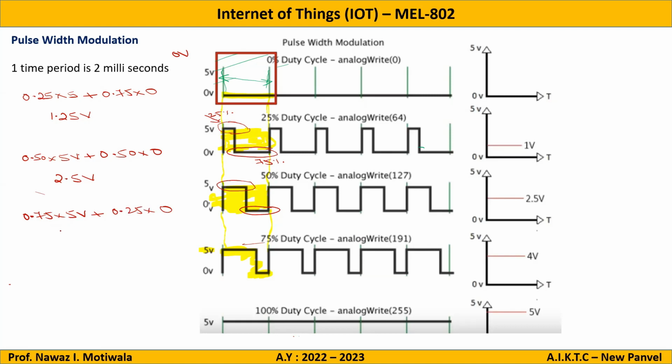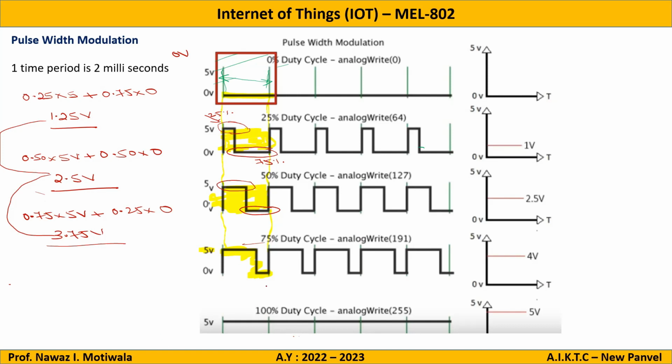If I calculate this, I will get approximately 3.75 volts. Now you can observe that the voltage keeps increasing. From 0 it comes to 1.25, then from 1.25 to 2.5, then from 2.5 to 3.75. As the voltage increases, the brightness of the LED also increases.